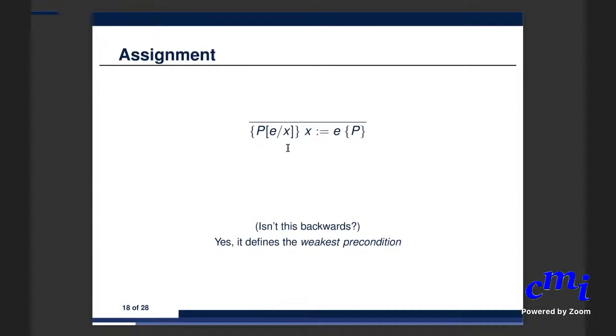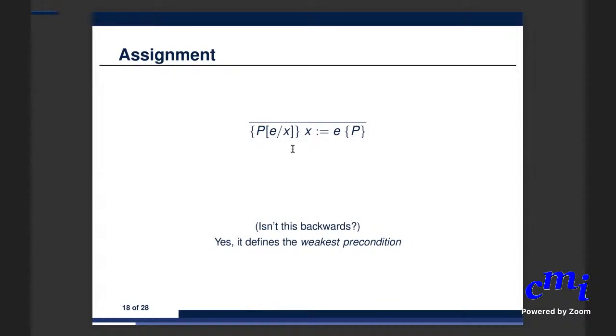And the intuition is that if P has to hold on the post value that X takes, since X is assigned the value of E as evaluated before the execution, then P has to be true for the value that E evaluates to.